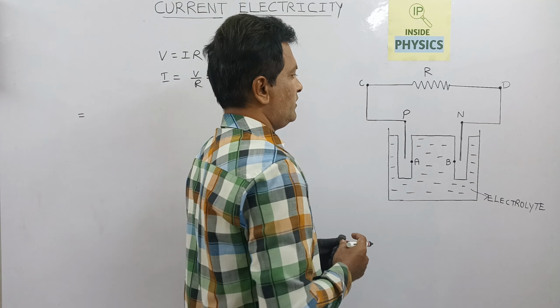The electrons move through the circuit, then from this electrode into the electrolyte, to the negative electrode, and again into the circuit. Against the flow of electrons we take the current direction.